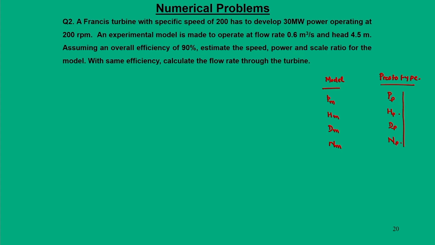Okay. Now, you will use this. So, first thing is that we are given the turbine specific speed; what remains the same for both is Ns. Specific speed is the same for both of them.